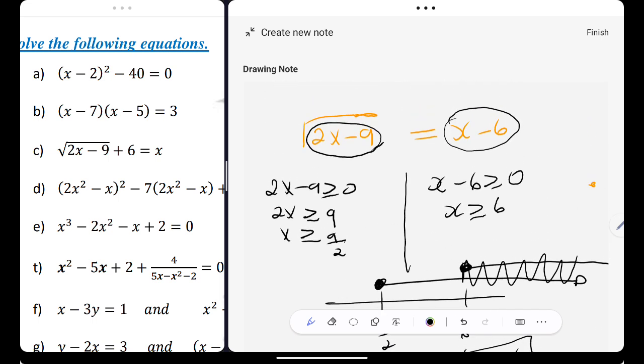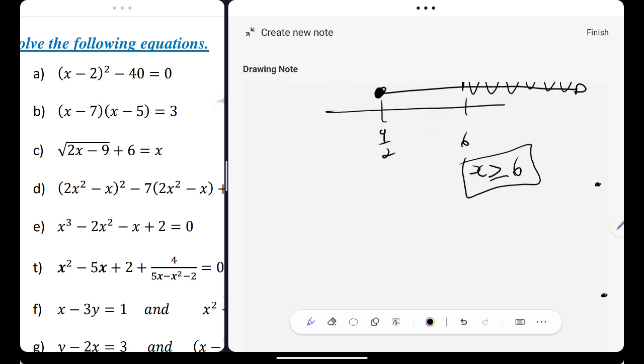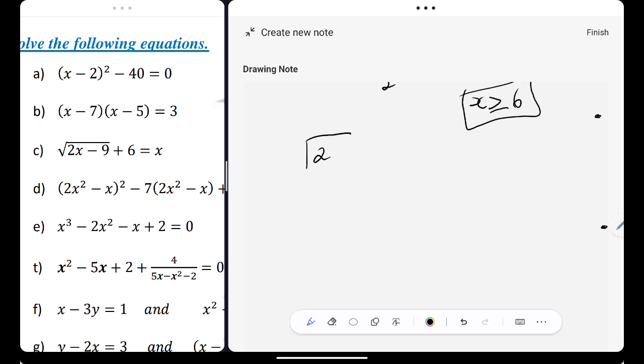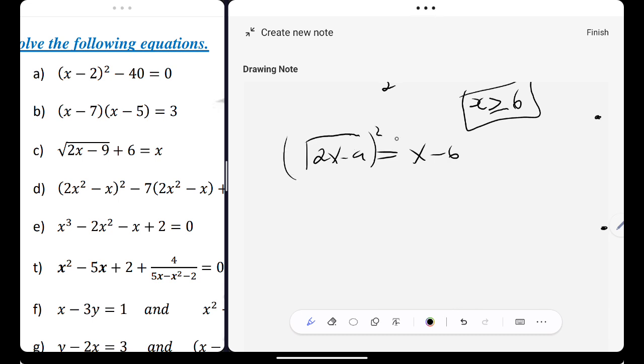How so? Let's just solve this thing. We have the square root of 2x minus 9 equals x minus 6. For me to remove the surd, I must square both sides. Right, together, then I'll be left with 2x minus 9 equals x squared minus 12x plus 36.